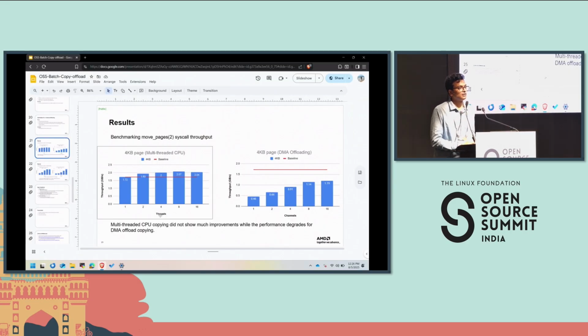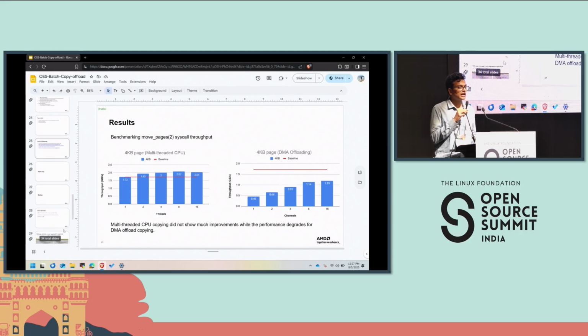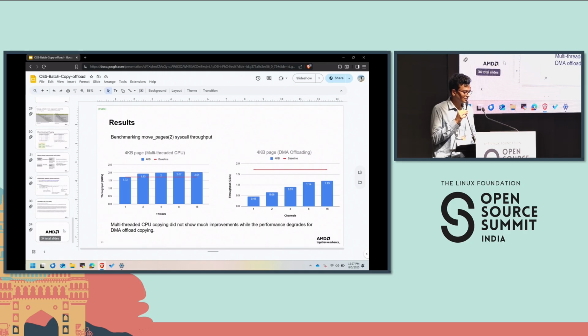Okay. So the other part, the DMA setup you were talking about, I didn't get exactly that part. Who exactly is going to do that DMA, in the batch copying? For that, it will be managed by the kernel.